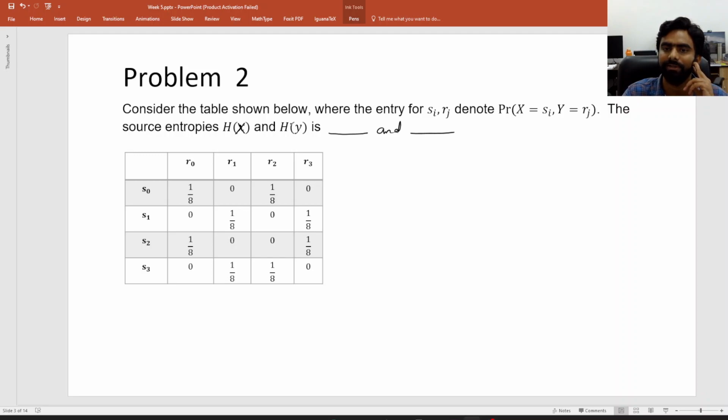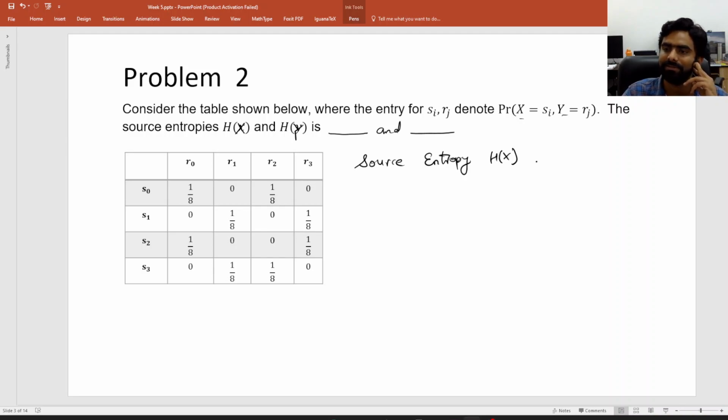Write the capital X and capital Y. I have mentioned capital X and capital Y. Now I will give a formula for it so that you can solve. The source entropy, let's say for X I am giving, and Y you can write by yourself.